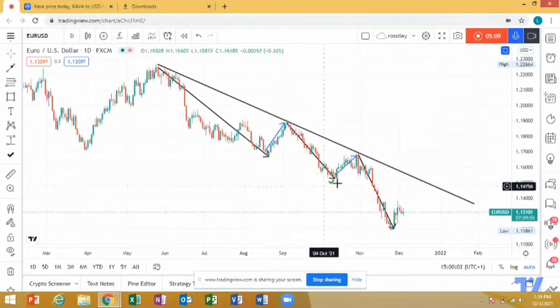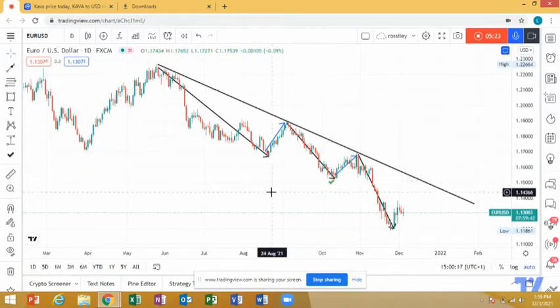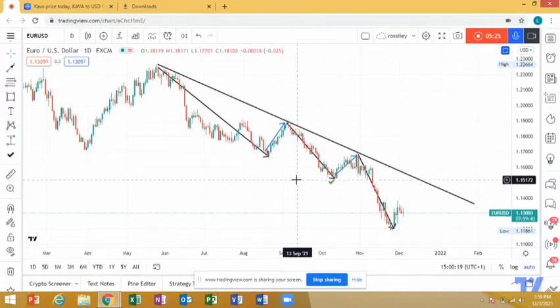How will you be able to trade? The market is going down, and you don't know what to do. Am I buying or selling? The market might reverse, I don't know. So you wait for the correctional move, for the pullback. This is the correctional move.